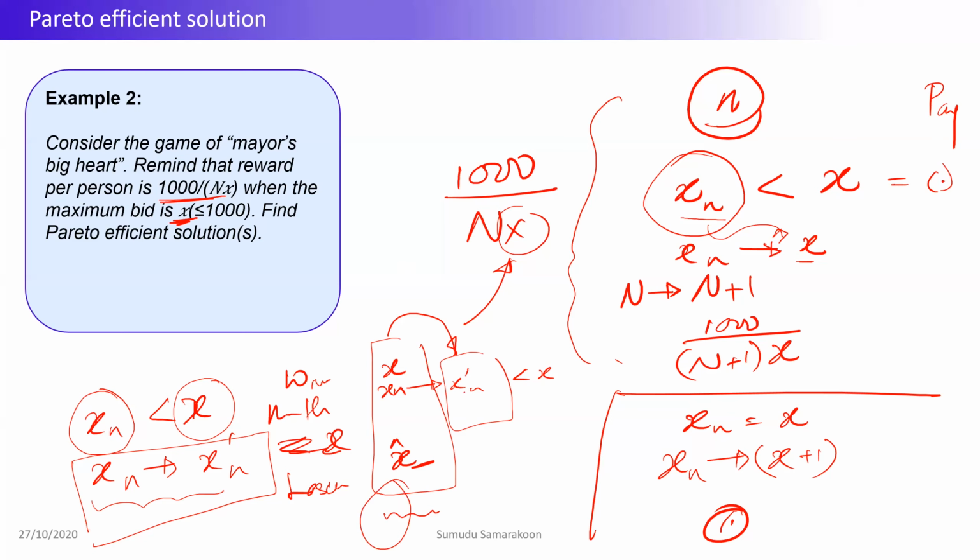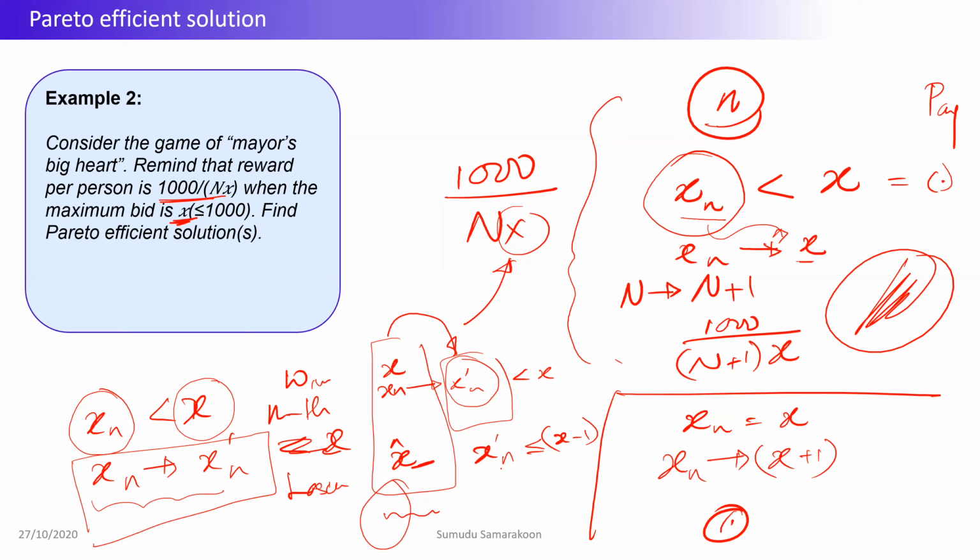So what is the maximum value that xn dash can get? It should be x minus 1, right? Increasing beyond x minus 1 could result in this scenario, where it becomes Pareto inefficient.